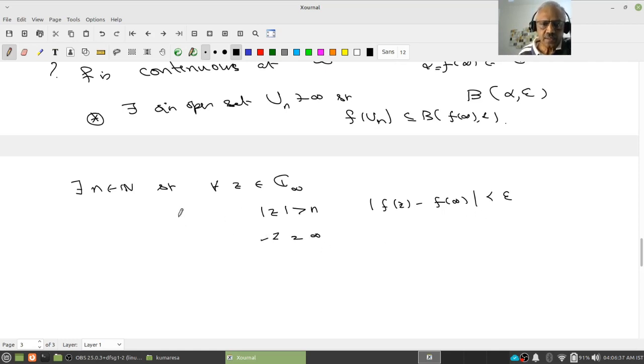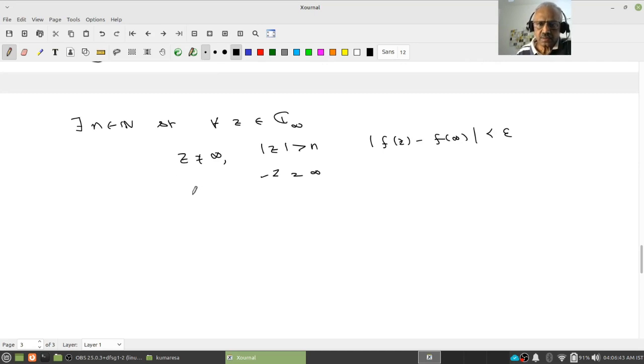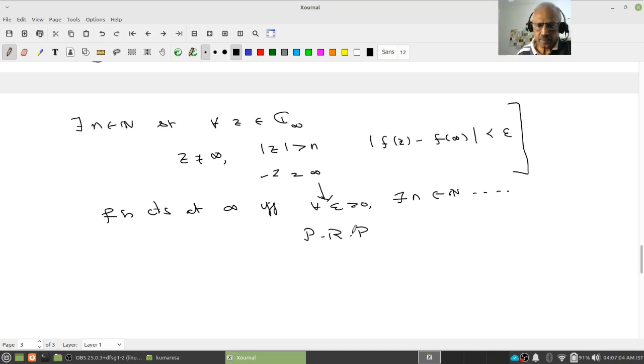Therefore if you want, take z not equal to infinity and mod z greater than n. So f is continuous at infinity if and only if this happens: given epsilon positive, there exists n in N such that so on. This one you have to write. Pause, review, proceed.